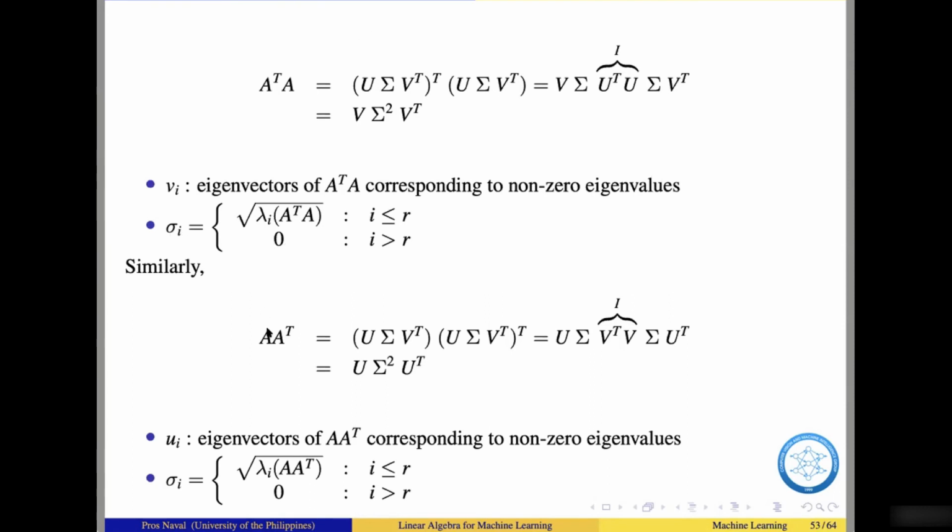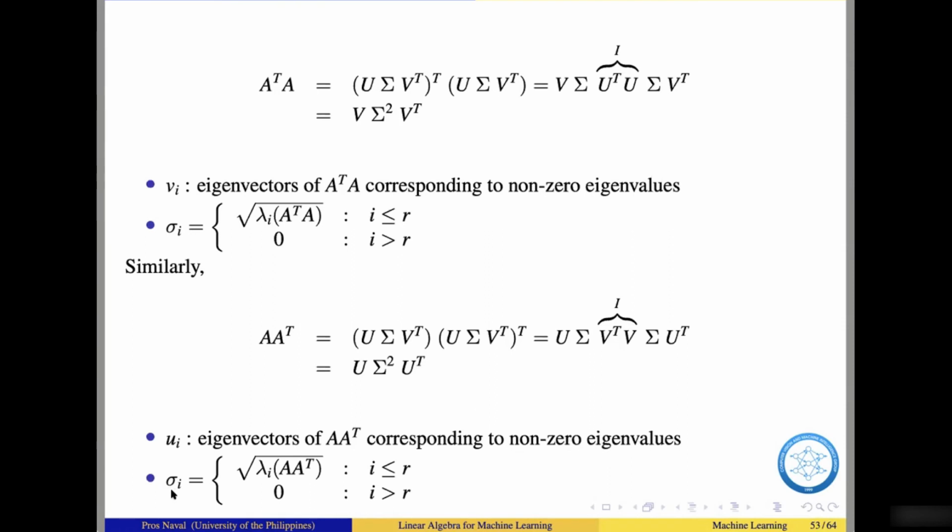And similarly, for A A transpose, we have U sigma squared U transpose. And this time, the U_i's are the eigenvectors of A A transpose corresponding to the non-zero eigenvalues.